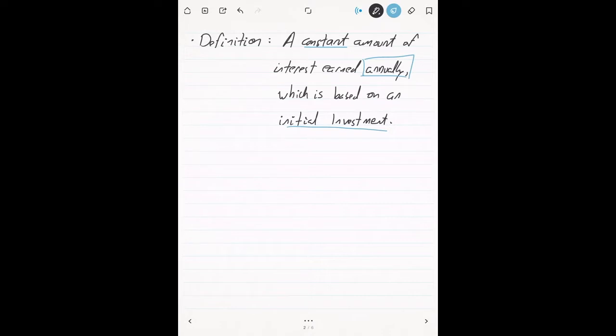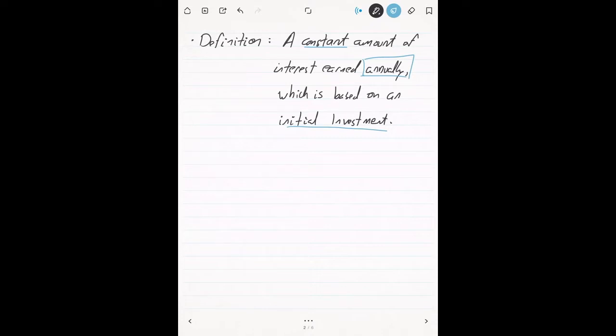We are only earning our interest once a year. So the bank is only giving us that money one time a year. And it's the same amount of money every single year, okay? However much you first put into your bank account, that's how much the bank is going to give you in interest every single year, okay?